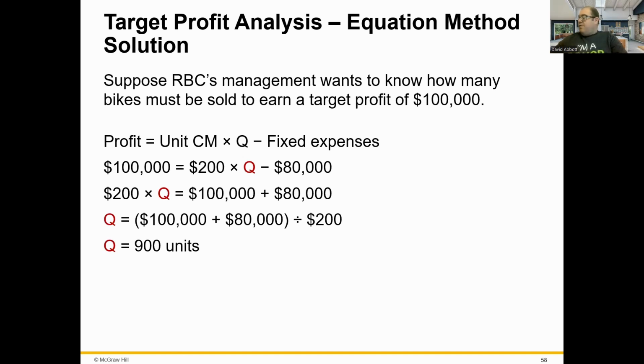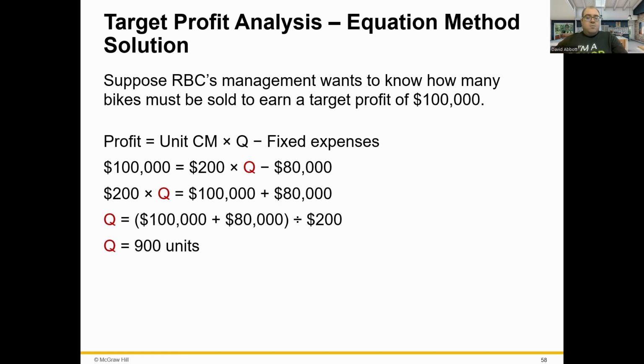Let's say that RBC wanted to know how many bikes they would have to sell in order to earn a profit of 100,000. We can just plug and chug and calculate this algebraically. So we have our profit, which is 100,000, and we know our contribution margin is $200 a bike. We're trying to figure out how many bikes we have to sell, so we'll leave that as Q, and then we'll subtract 80,000.